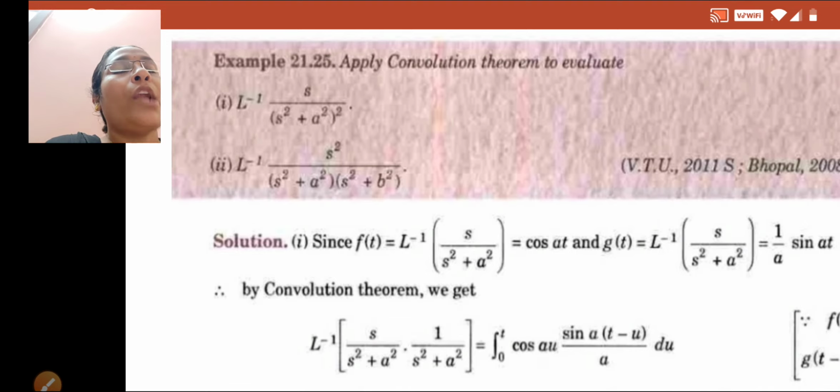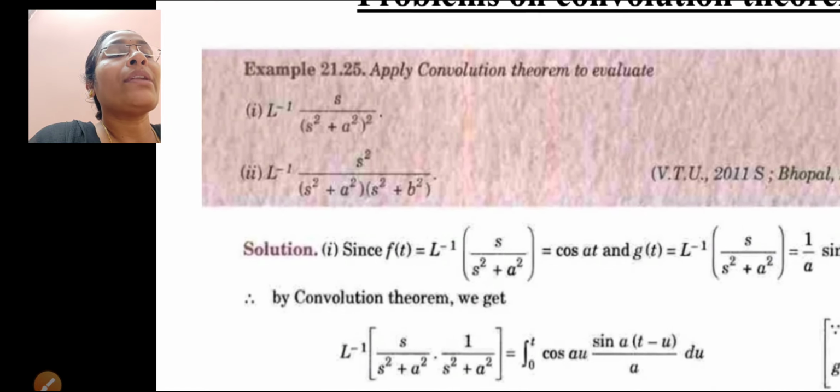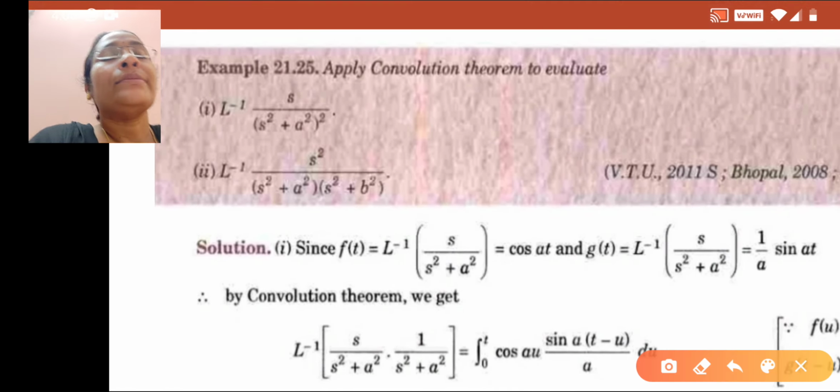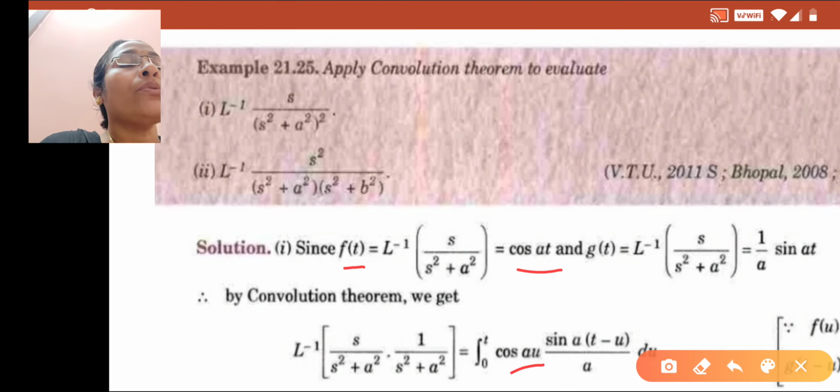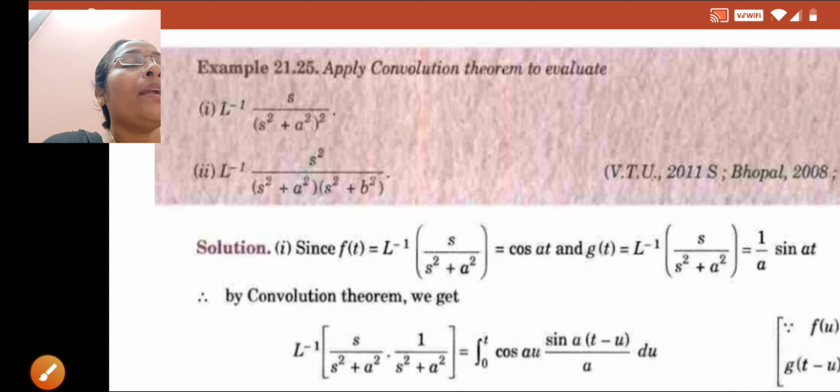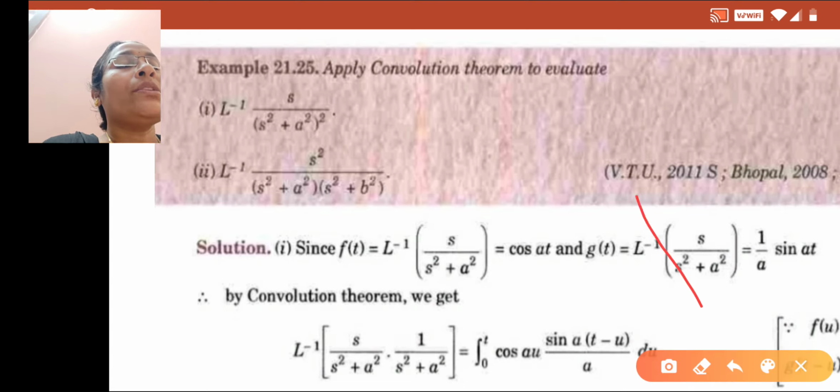Now by applying the convolution theorem, L inverse of s by s square plus a square into 1 by s square plus a square equals the integral from 0 to t of f of u. Already we know f of t equals cos at, so f of u means cos au. And g of t is 1 by a sin at, so g of t minus u means in place of t substitute t minus u.